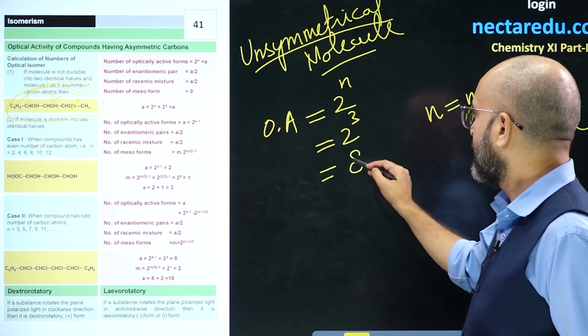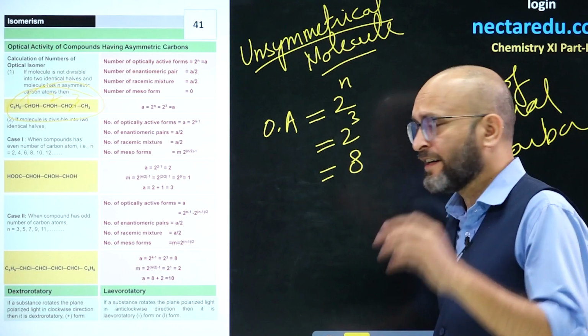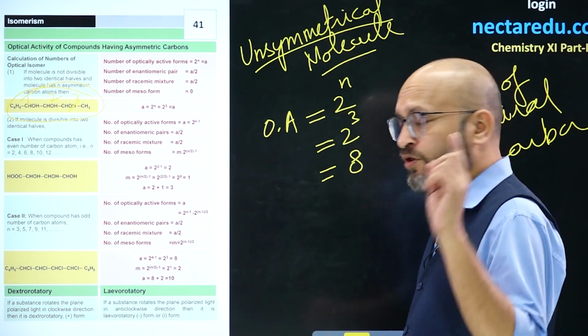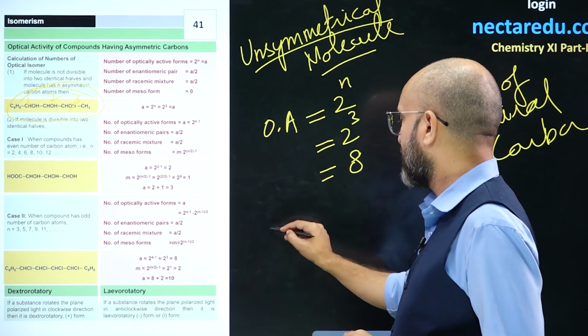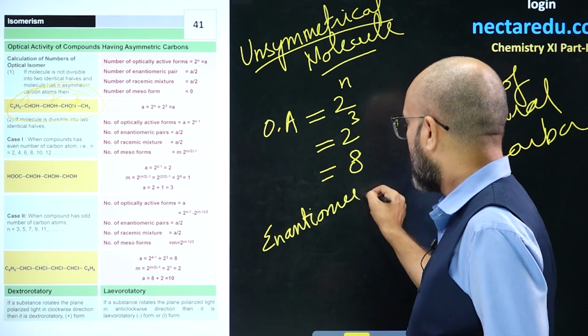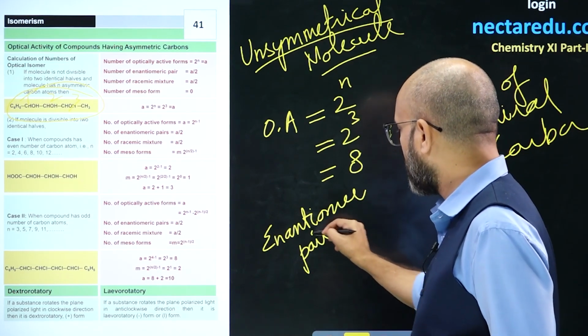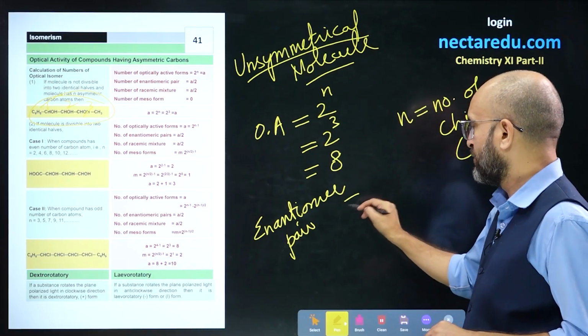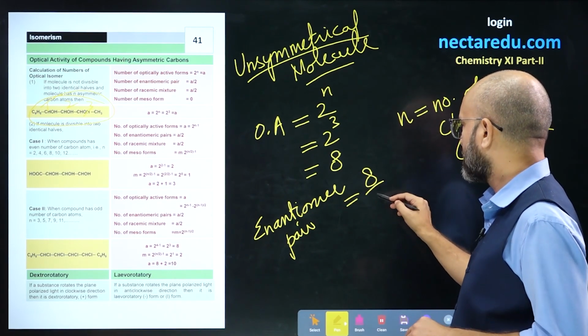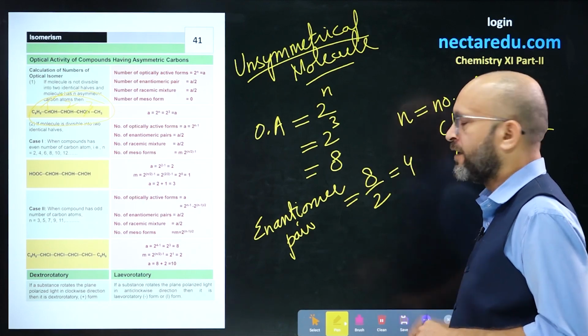If somebody asks how many pairs of enantiomers, the number of enantiomer pairs will always be half of the total optically active isomers, because we are talking about pairs. So it will be 8 by 2, that is 4.